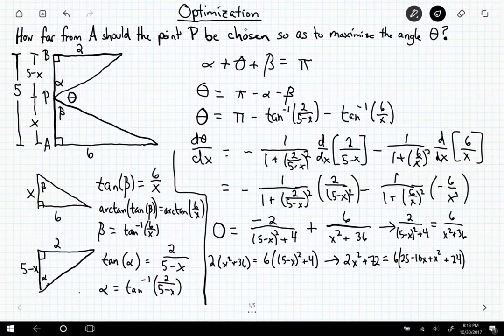Okay? And with that in mind, we'll have a little bit of distributing over on that right hand side, and we'll have the 2x squared plus 72 equals 6 times 25, so that's 150. So 150 minus 60x plus 6x squared.